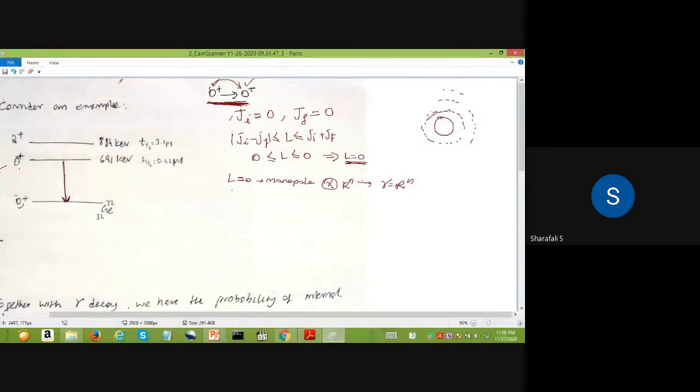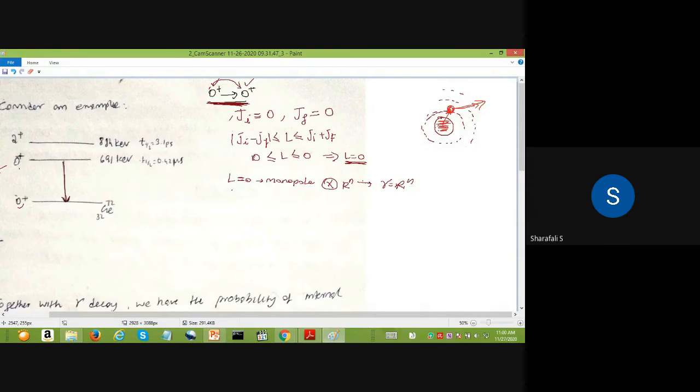In such cases, this nucleus in the excited state will give its excess energy to the closest electron, and that electron absorbs that energy and can come out of the atom. The nucleus transfers that excess energy to the electron and comes to the ground state, or becomes stable. And the electron that received that energy can come out from the atom.